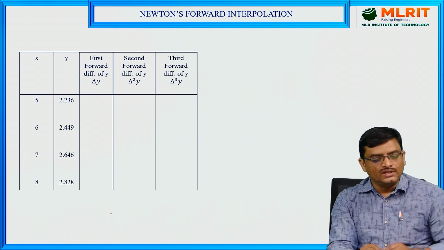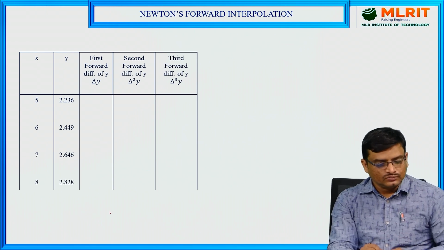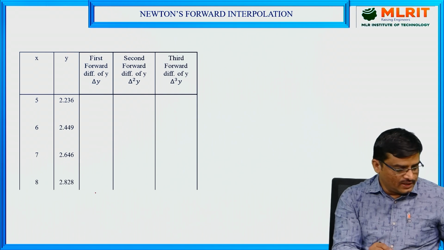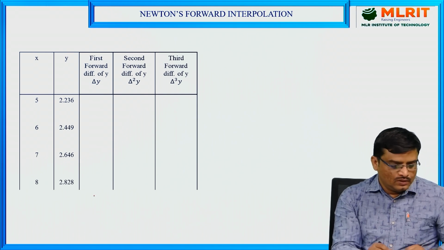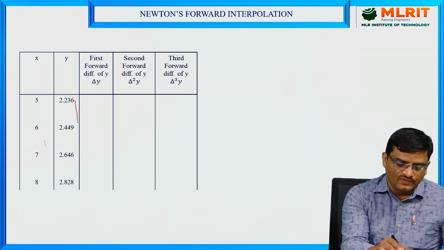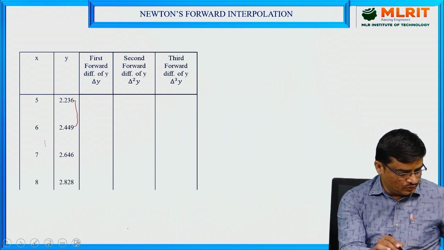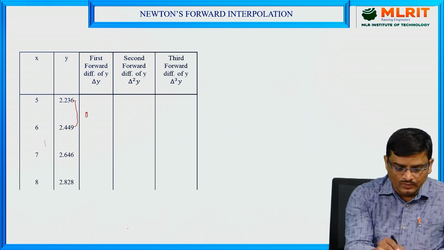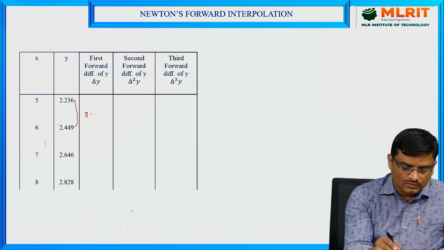Now construct the forward difference table. These are the values of x and these are the values of y. Now find the differences. 2.449 minus 2.236, you will get 0.213.